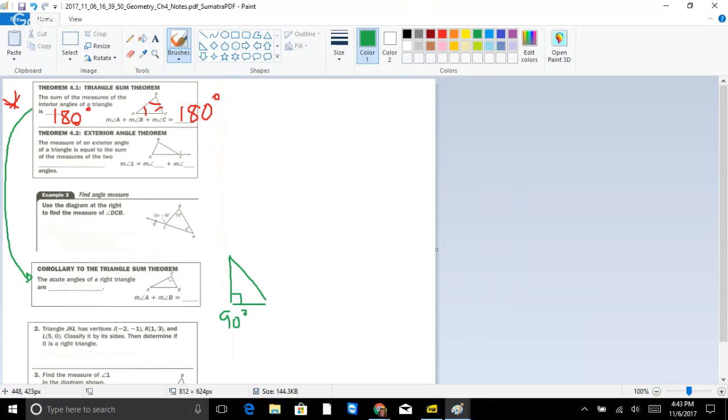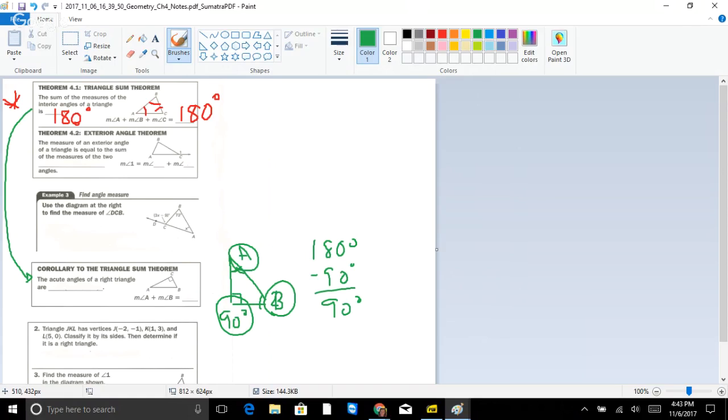Well, if I know that all three of the angles have to add up to 180 degrees, that means my remaining two, so let's call this one angle 1 and this angle 2, or actually I'll use what the diagram says, A and B. We know that if everything adds up to 180 degrees, and one of my angles is right, so I know that's 90 degrees, that means that I have 90 degrees left over for A and B, the measure of angle A and B, okay?